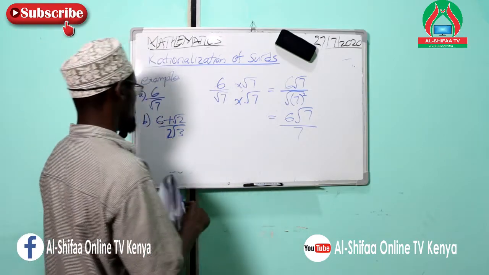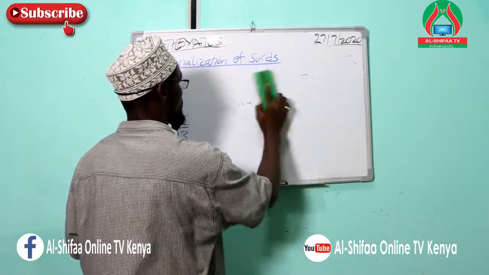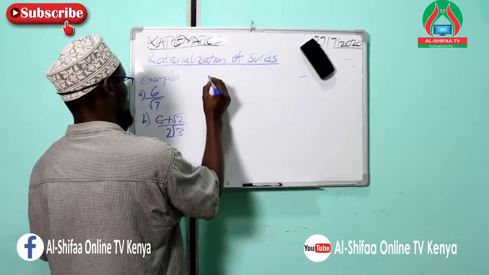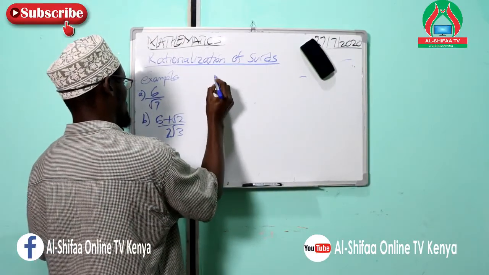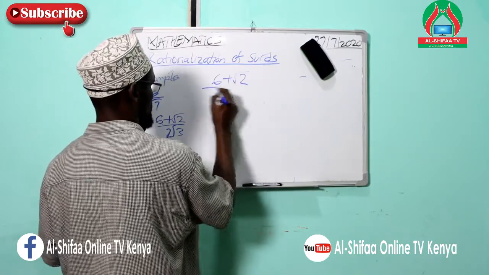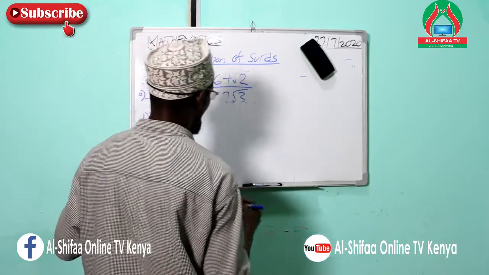The second example, you have 6 plus root 2 over 2 root 3.